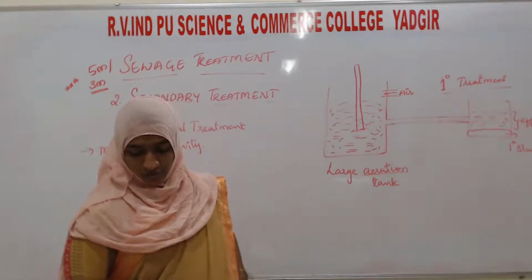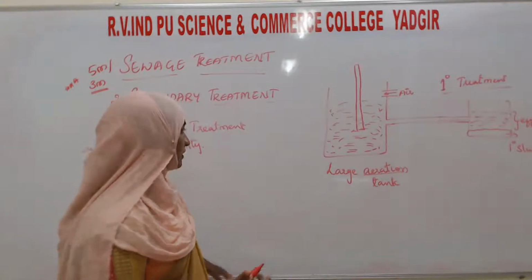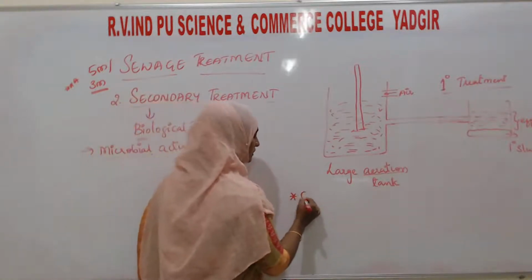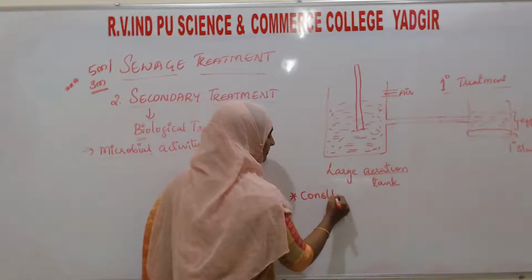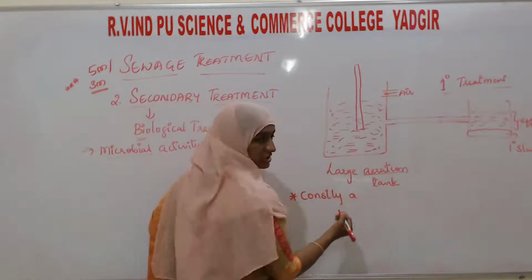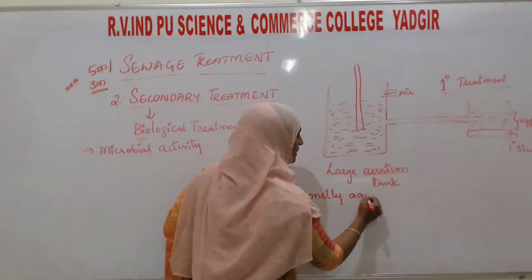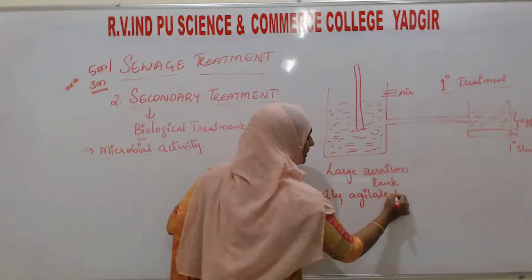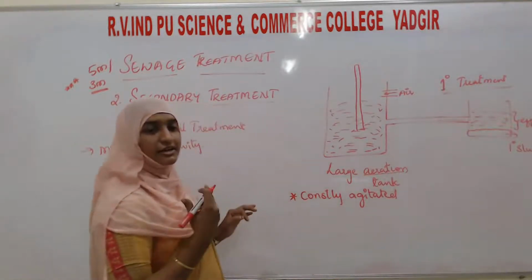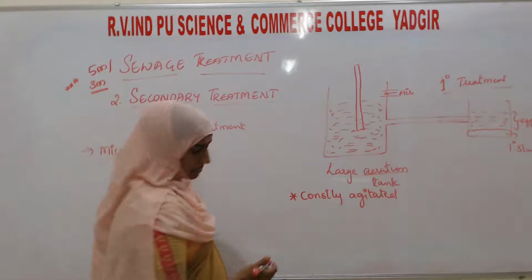If it is rotating continuously, the large aeration tank is constantly agitated. Agitated means continuously mixing mechanically.